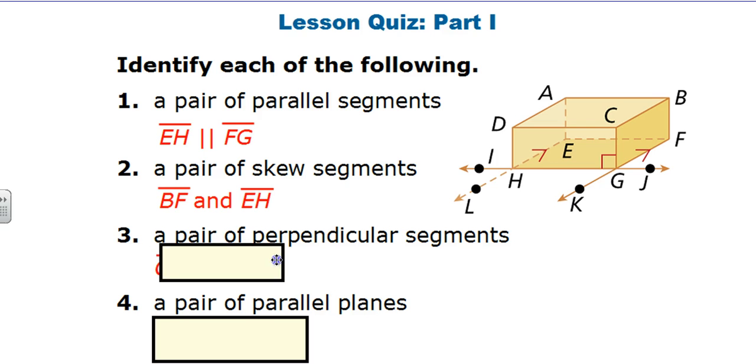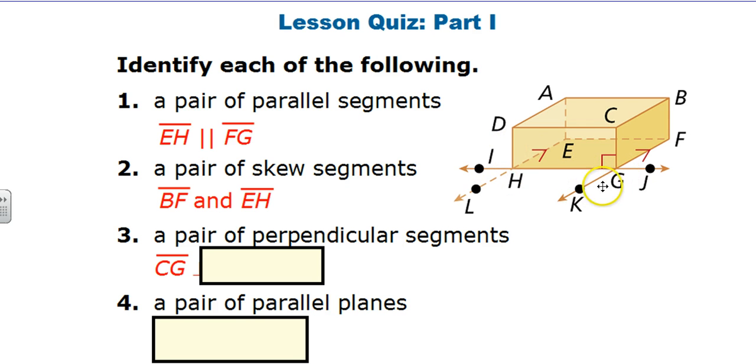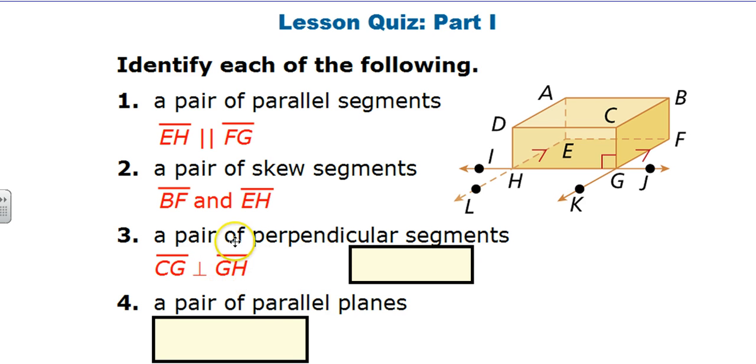A pair of perpendicular segments, if we start with CG, CG is perpendicular to, right here, HG, or we could call it HJ even, right? GH, we could call it GH too.